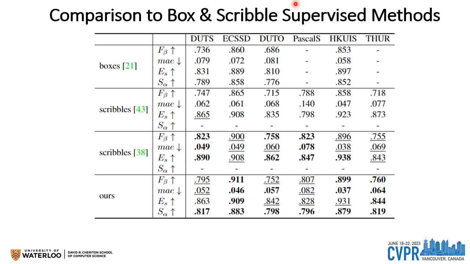The user annotates a box around the salient object or annotates some pixels present in the salient object and the background. Our approach is always better than the first 2 box and scribble supervised approaches, and is also better than the second scribble supervised approach for most datasets and metrics.